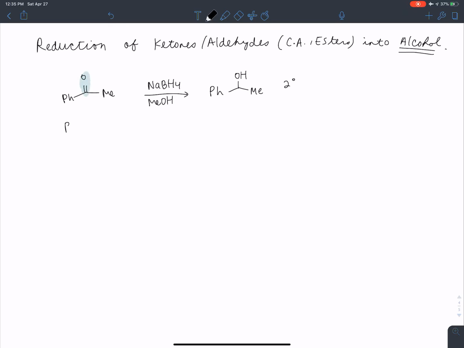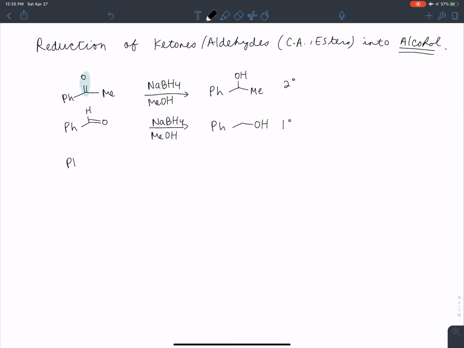If I take benzaldehyde, for example, so now this is an H right here, and I use the same reagents, NaBH4, MeOH, I will get, of course, a primary alcohol.